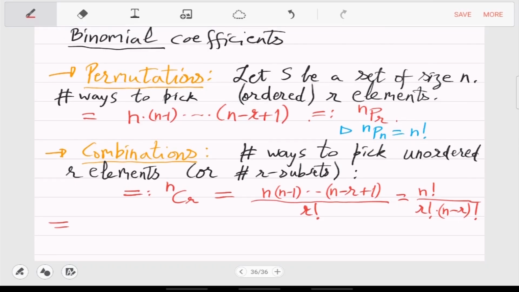Okay, this is the compact representation of nCr as a function in n and R. So these are called binomial coefficients. We will also use the following notation. Okay, so these are binomial coefficients.